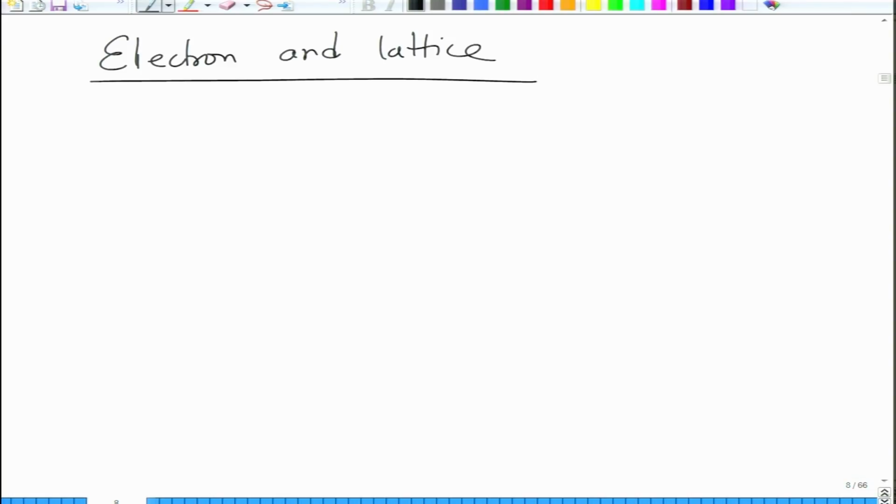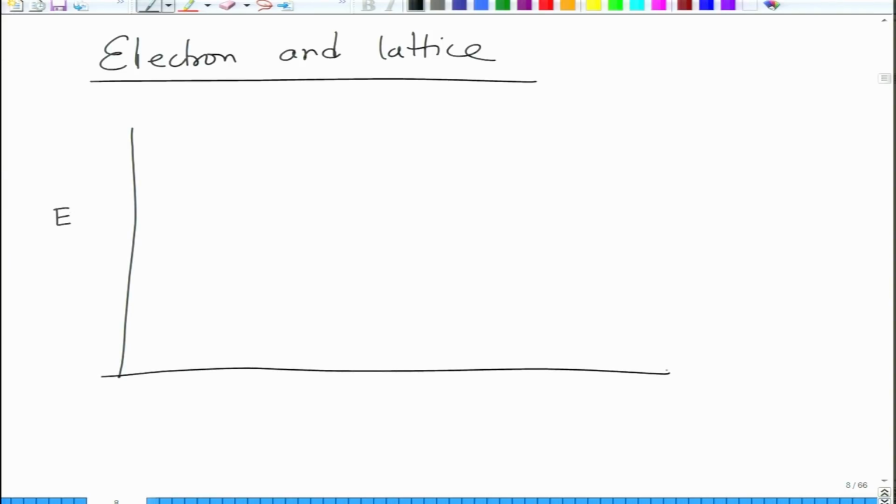We do not have time to discuss all that, but when an electron is present in a lattice, it interacts with the lattice, and based on that you can plot the energy of the electron as a function of its wave vector, that is small k, and the reciprocal lattice vector capital K. They are related to each other, because both of them are in reciprocal space.